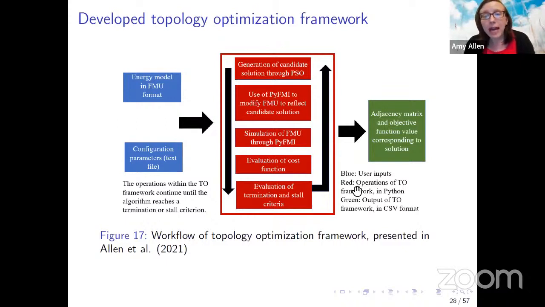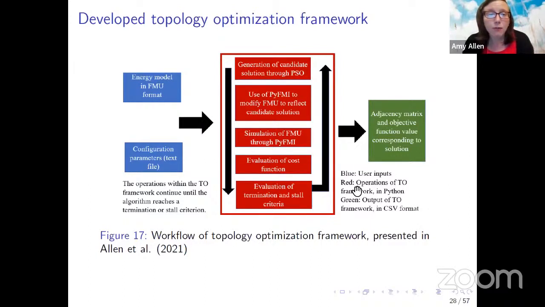The framework then proceeds to use the PyFMI Python package to modify the FMU to reflect a given candidate solution, which is now restricted to minimal spanning trees based on validation of that heuristic, and uses particle swarm optimization to select a candidate solution in terms of buildings to be connected to the network.